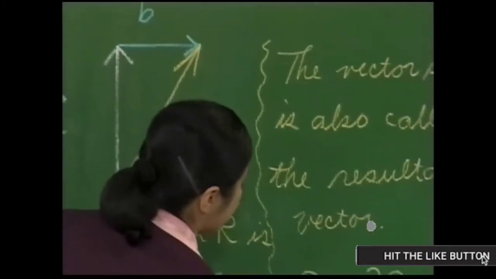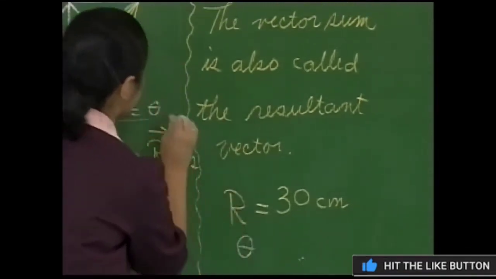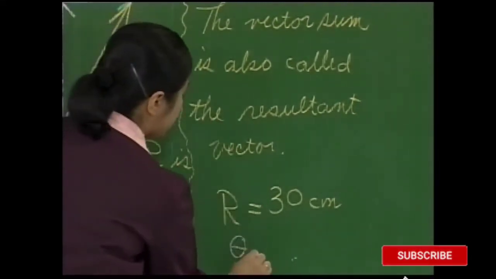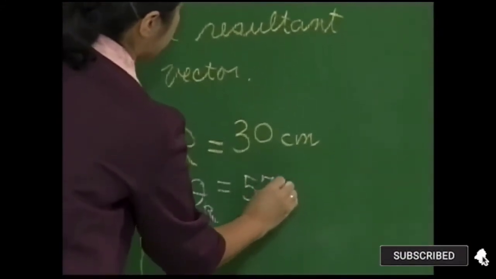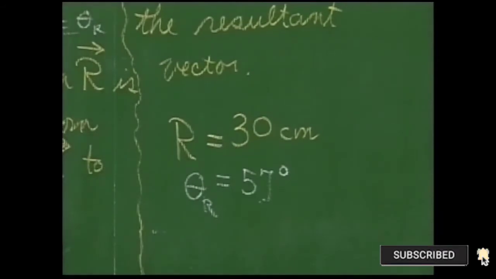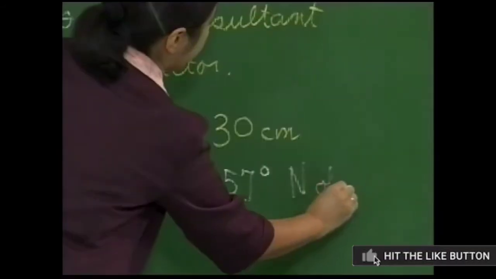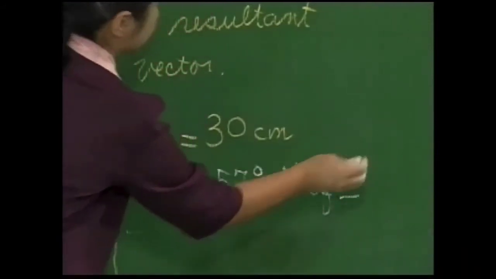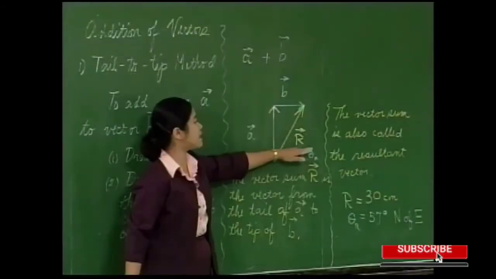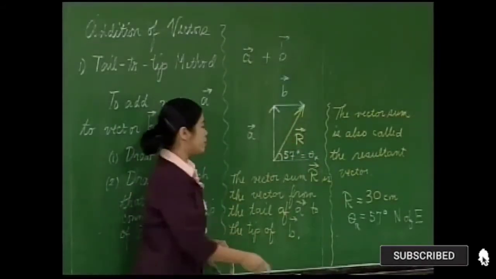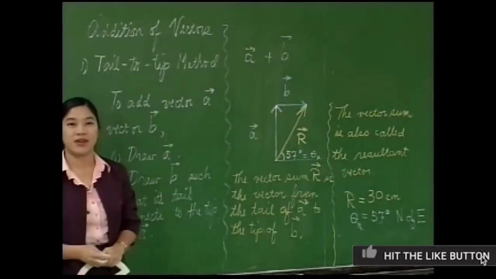So theta of the resultant vector is 57 degrees north of east. From the east, I measure 57 degrees going to the north, and that is the direction of my vector.